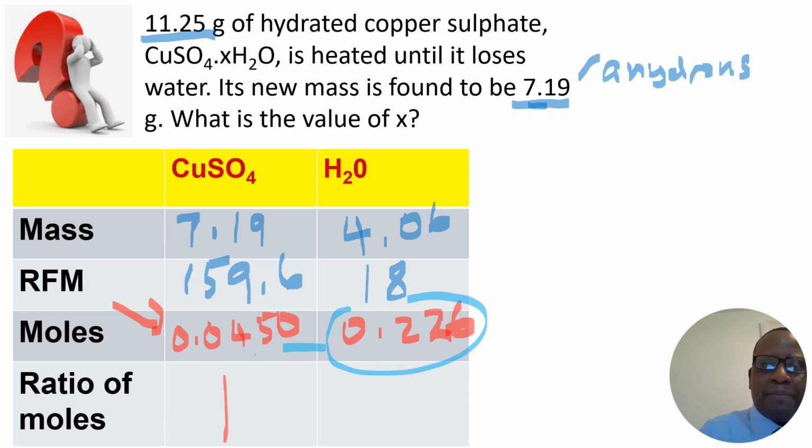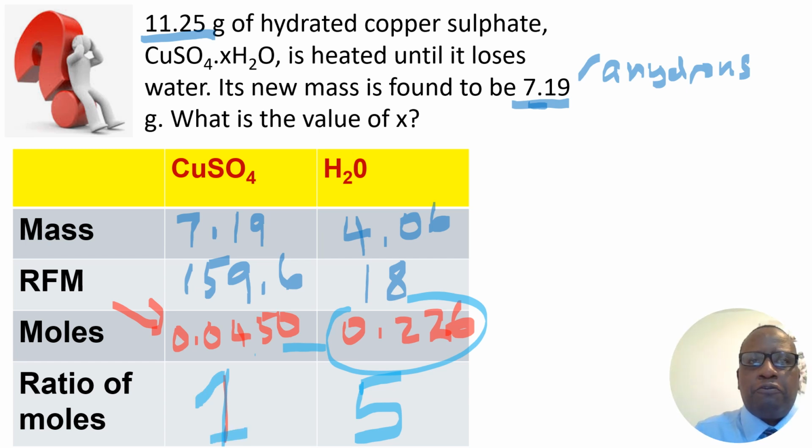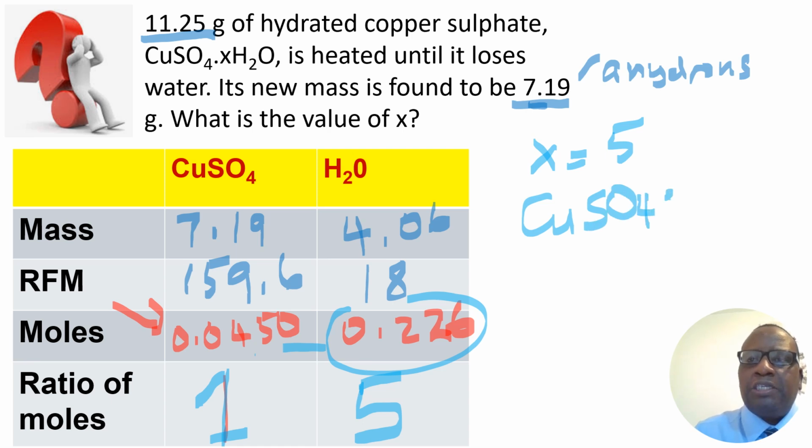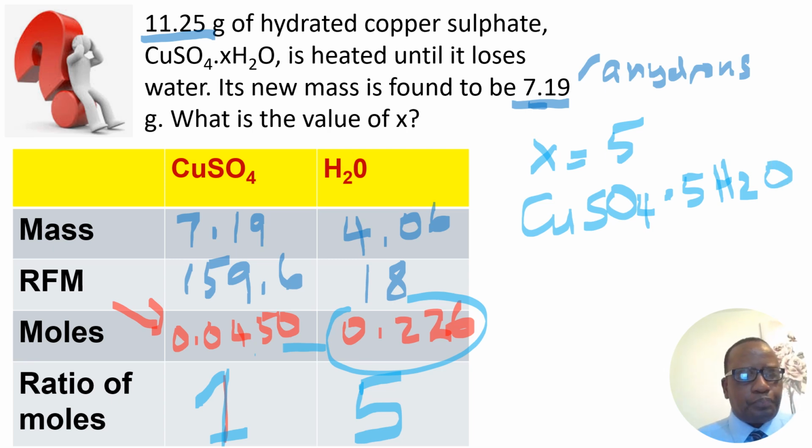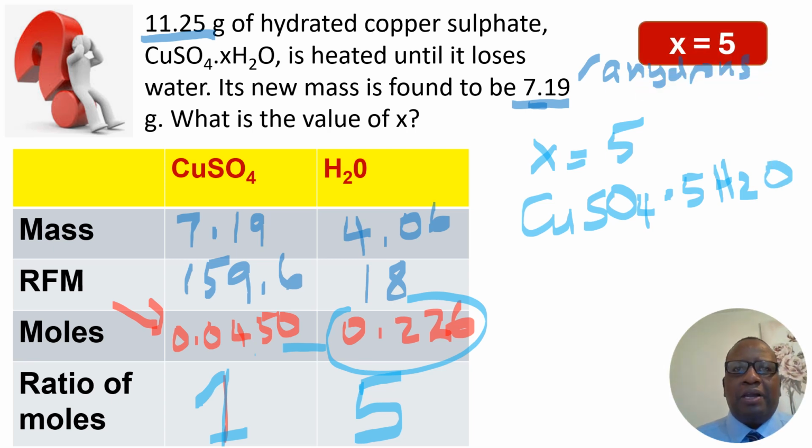Bang, I am getting 5. Ratio is 1:5. Therefore the X is equal to 5. If you want the hydrated copper sulfate compound, it is CuSO4.5H2O. Well done. Now you can see that X is equal to 5.